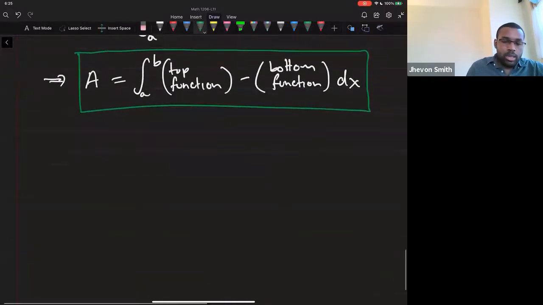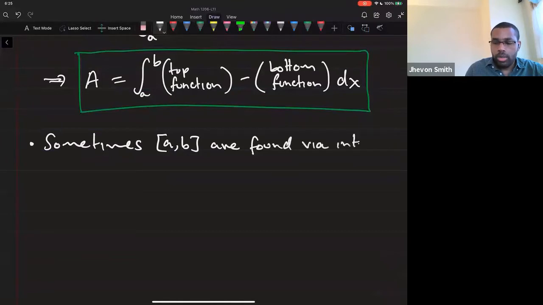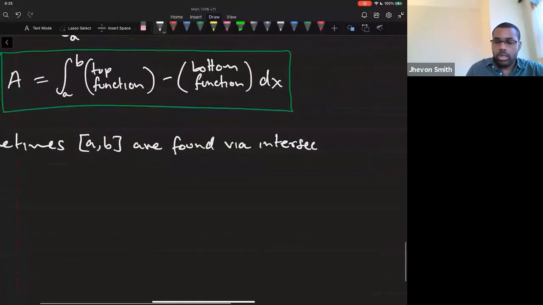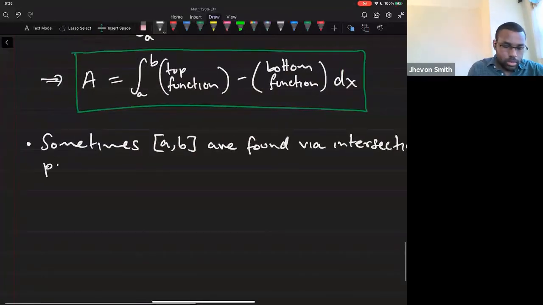And sometimes a and b are found via intersection points, as they were yesterday.